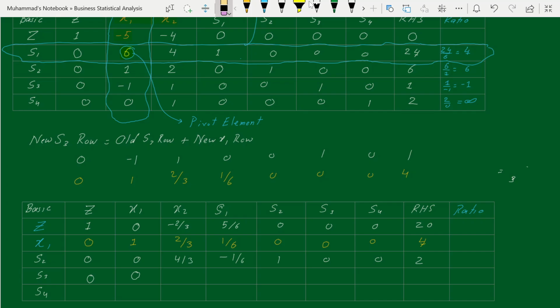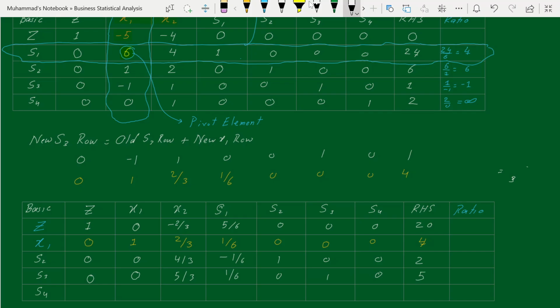So here I can write down the 5 by 3. 5 by 3. Okay, and this one is 1 by 6, 0, 1, 0, and then we have 5.